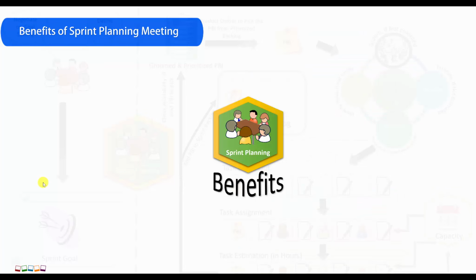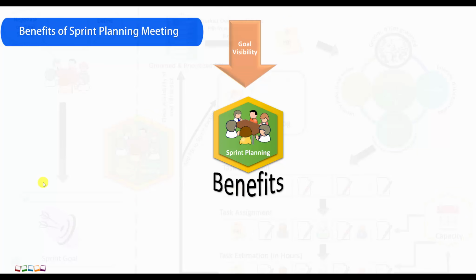And finally, let's talk about the benefits we can have from sprint planning. The first one is goal visibility. The product owner has a big goal and splits it up into small goals, and we get visibility of that particular sprint's goal before we start the execution.